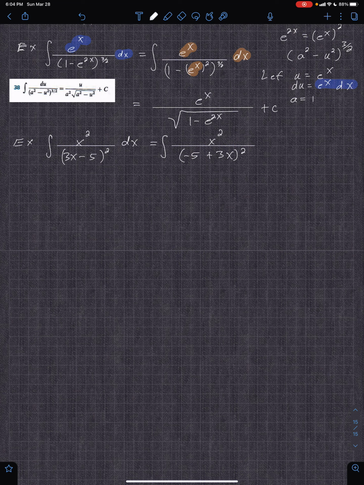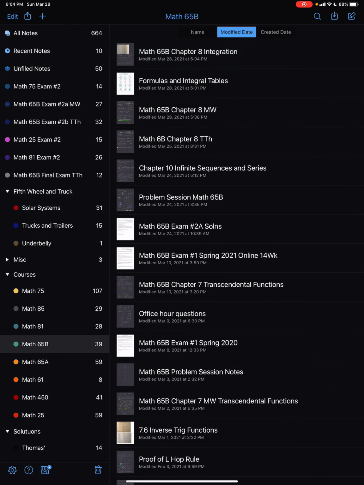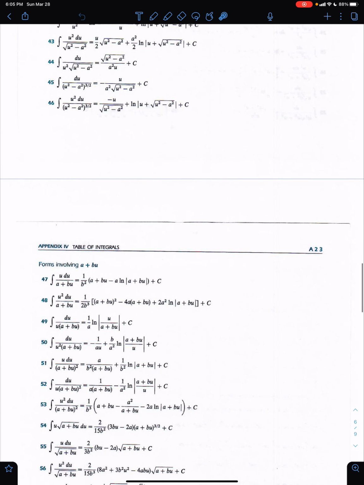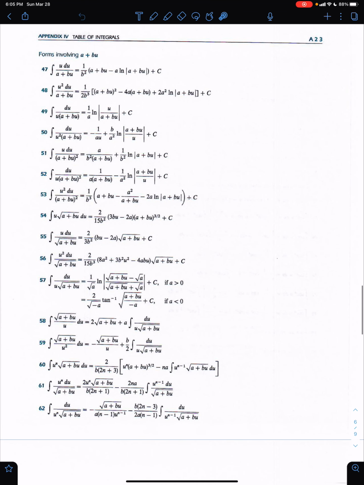And so let's look at tables that have something that's a sum of two things, and then a square here and a square up top. So let's go back to the tables. And so it's not a root this time. And then, oh, wait, look here. It's sort of like that.